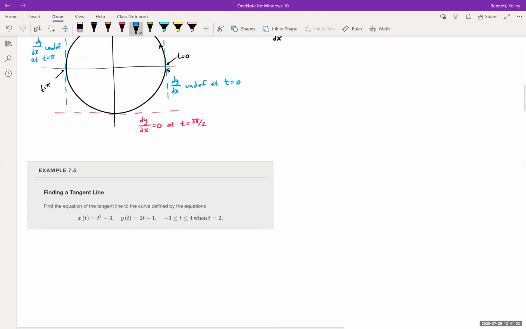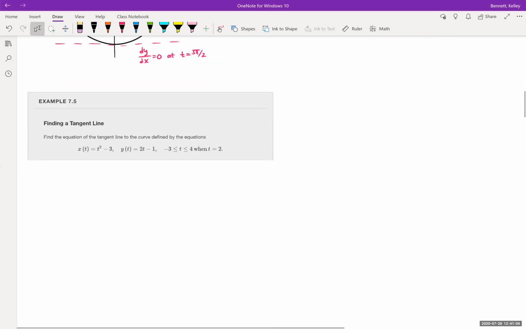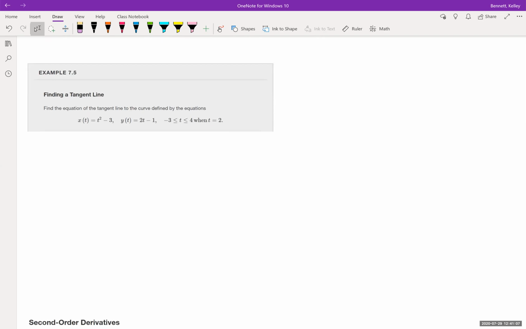So now let's actually just do an example where we're going to find the equation of a tangent line to the curve given by the parametric equations. So this is the same thing. You're just going to, remember, if you want to find, just in general, if you have a function, this is like Cal 1, right?